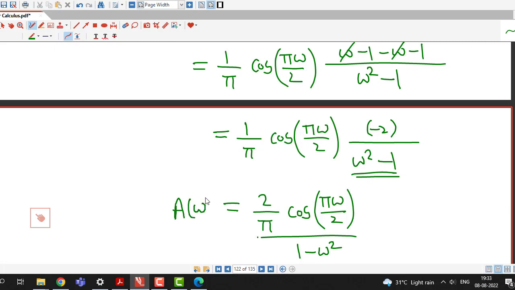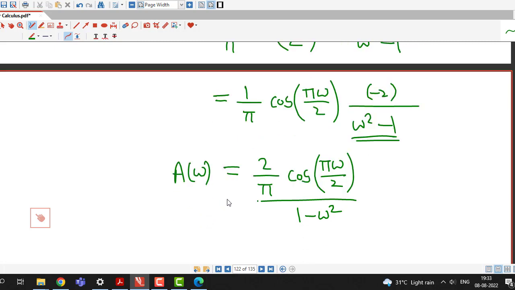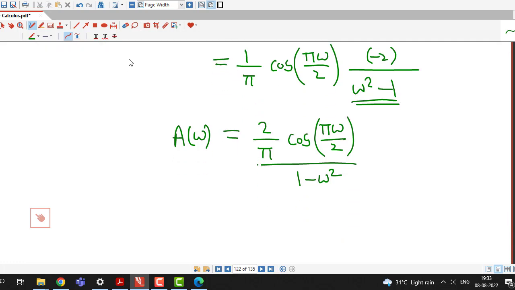This is the value of a omega, 2 by pi cos pi omega by 2 divided by 1 minus omega square, and b omega is 0 because our function is an even function.